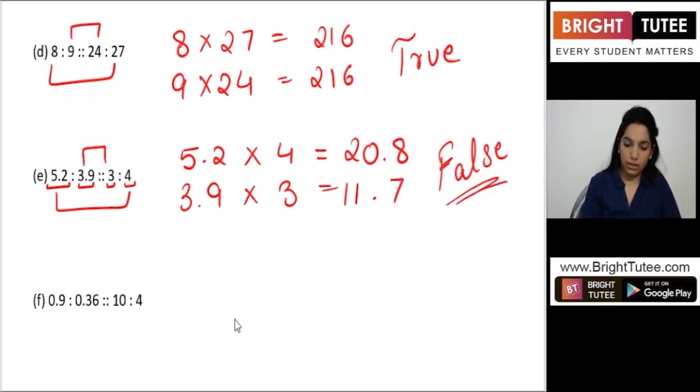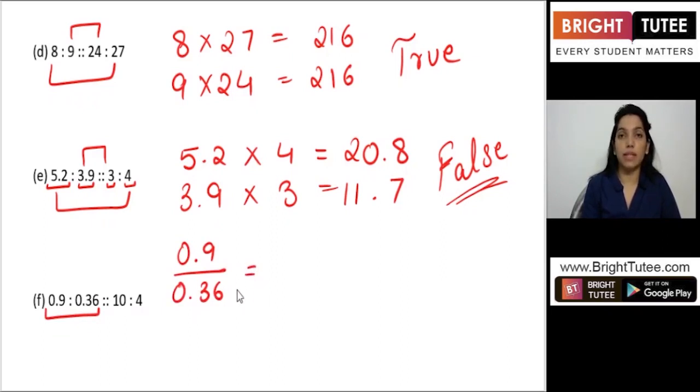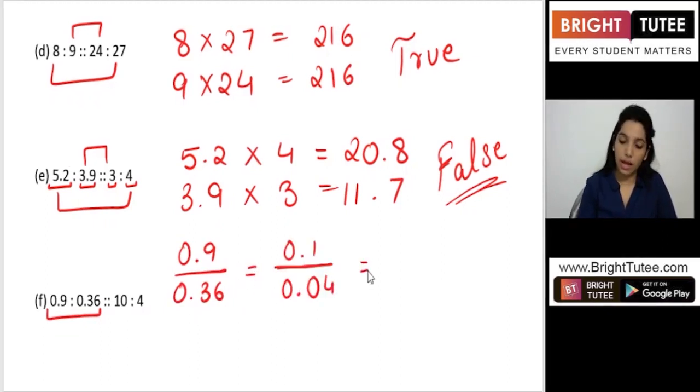Okay. Now let's do the last one by the method that we were doing so far in the lesson. Let's write this in the form of a ratio. So it is 0.9 is to 0.36. Okay. Let us divide both these numbers by 9. Now, if we multiply this number by 10, we'll get 1 at the numerator and 0.4 at the denominator.